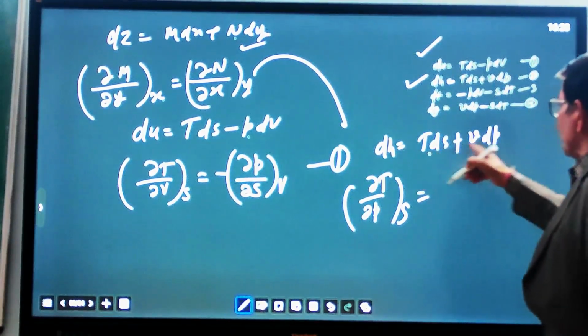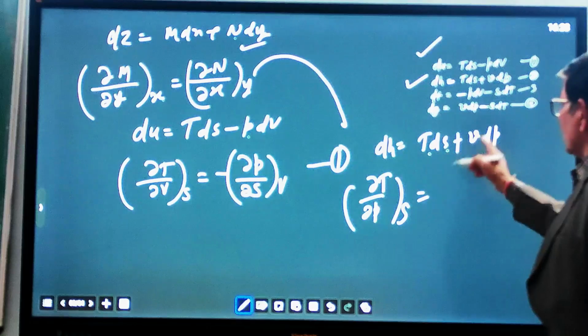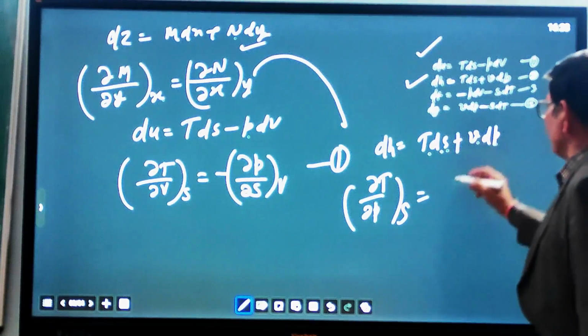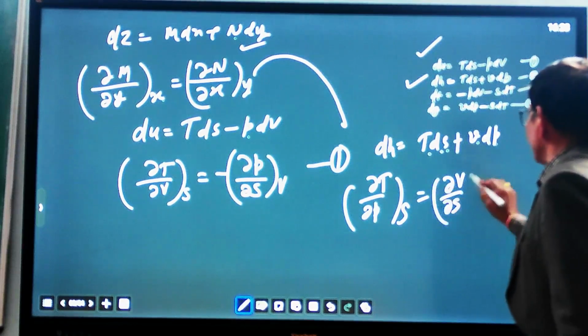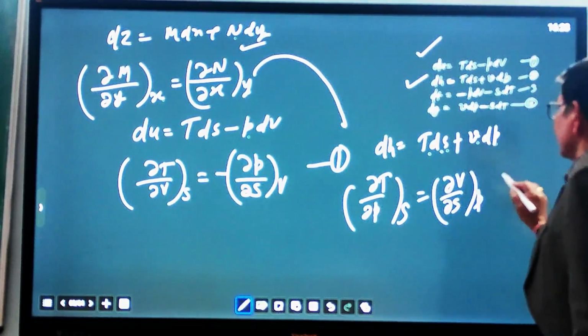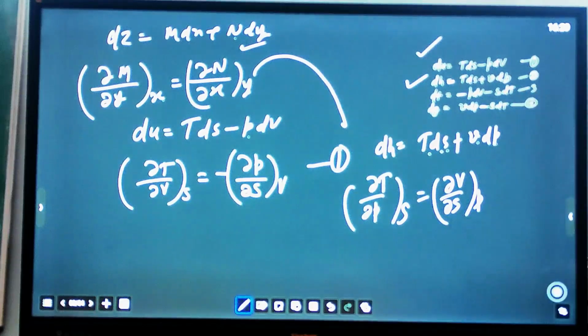So del T over del P at constant S equal to del V over del S at constant P. This is the second Maxwell relation.